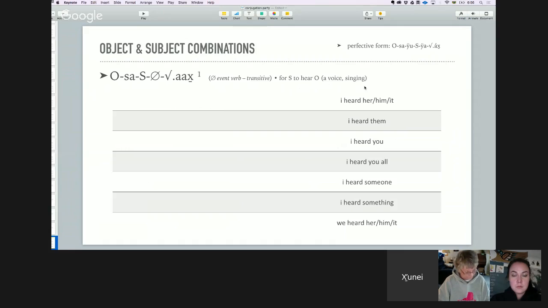So this is hearing somebody talking or singing. When it goes to something, it's actually going to be a different verb. The sa is going to go away. The order we're going to get is object, sa, perfective, subject, ya, classifier, ach, short and high, because it's zero conjugation prefix.